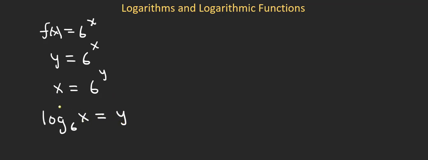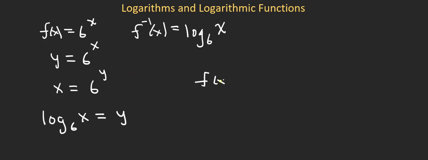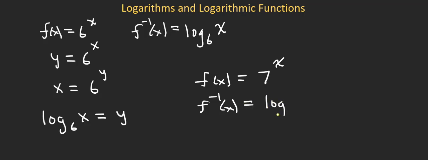So the inverse of f of x equals 6 to the x will be log base 6 of x. In other words, if you have f of x equals, let's say, 7 to the x, the inverse of that will be log base 7 of x.